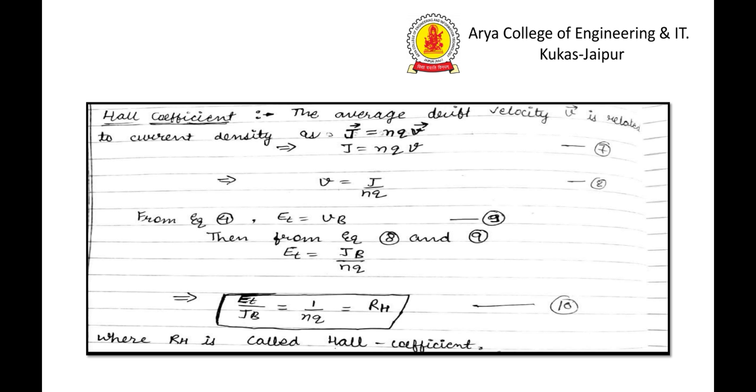Now I am explaining why I write this equation. n is number of charge carriers per unit volume, q is charge, and v is drift velocity. If I calculate the dimension of RHS, that will be equal to the dimensions of LHS. That's why I write modulus of J is equal to nqv. This implies v is equal to J upon nq.